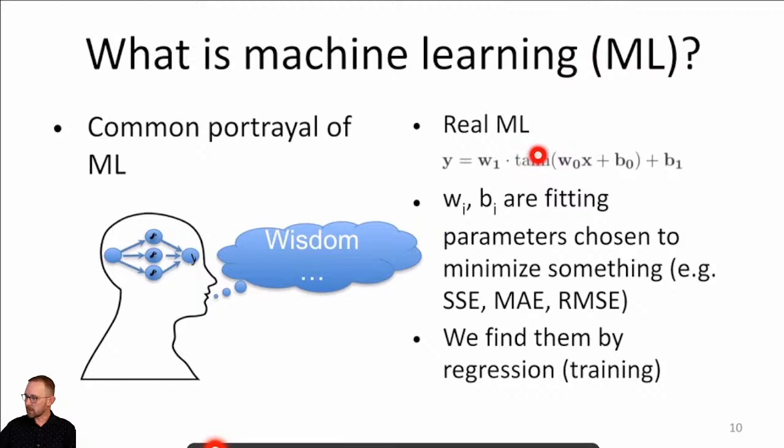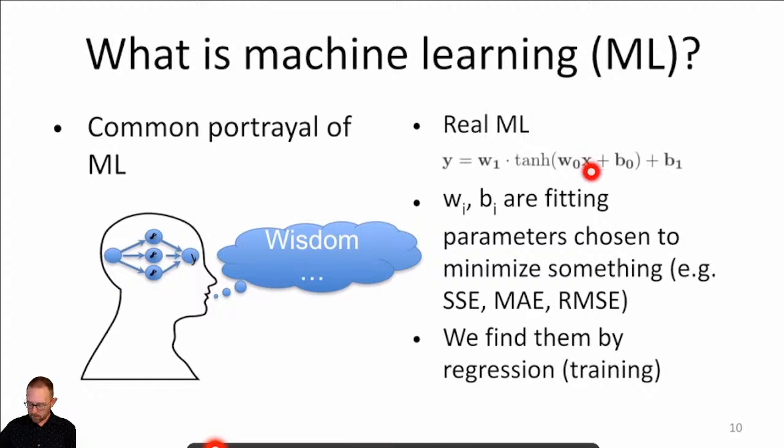Then we take the tanh of that vector to get the nonlinear version of it, and we do a linear combination of the output. That's it. We have a linear transform inside a nonlinear transform with a linear proportionality on the outset. The W's and the b's are called the weights and the biases, and we find these by optimization. So we just fit this equation to some data that we have.